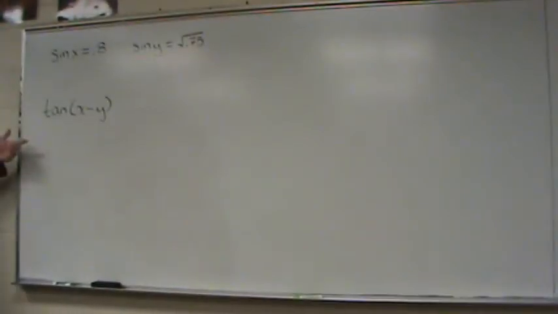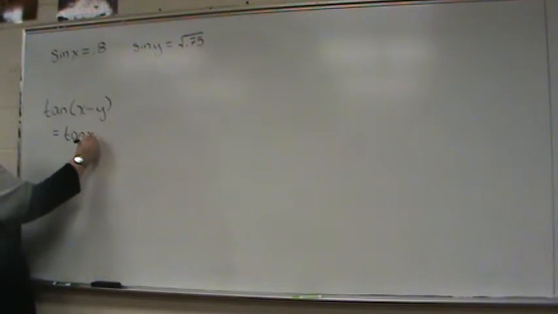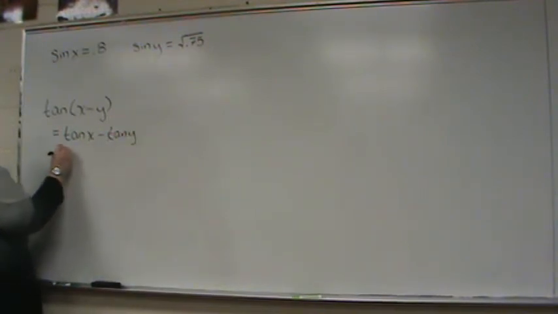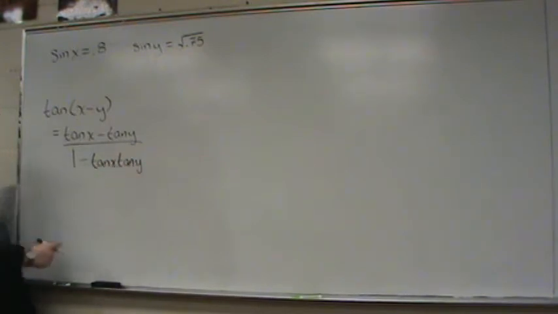So again, it's probably best if we rewrite this in terms of the identity. So this is our tangent subtraction identity, and that told us that tangent of the first angle minus tangent of the second angle divided by 1 minus tangent of the first angle times tangent of the second angle.